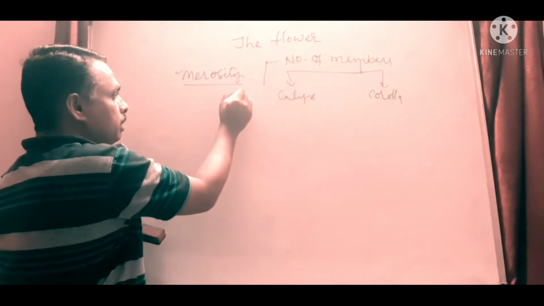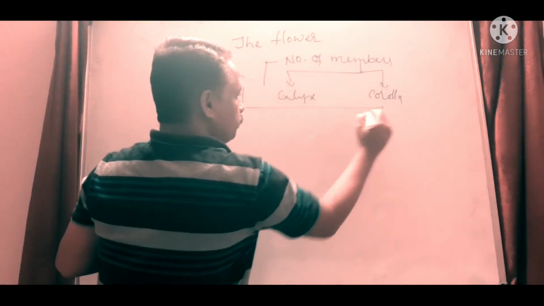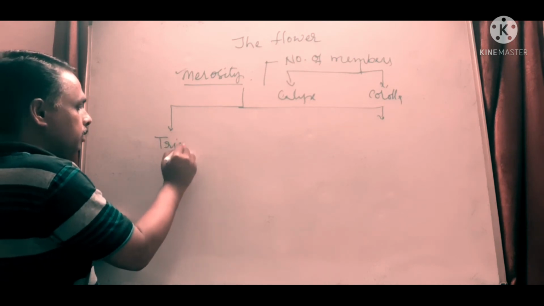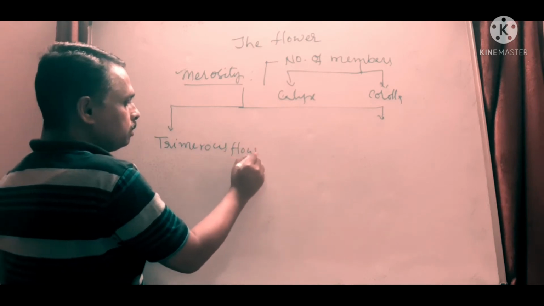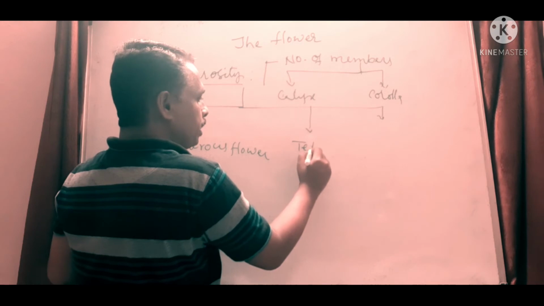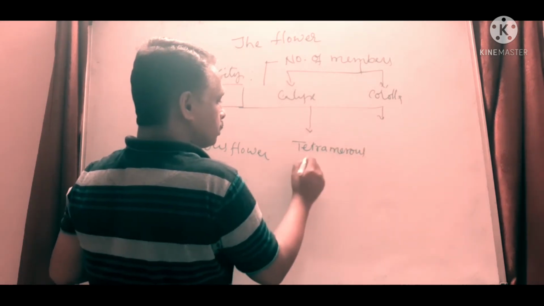Based on this number, meracity will be of different types. What are the different types of meracity? First one is trimerous flowers. Second one is tetramerous flowers.